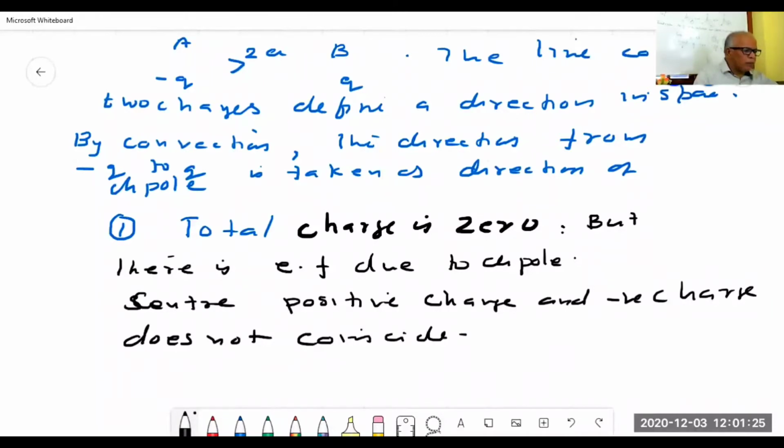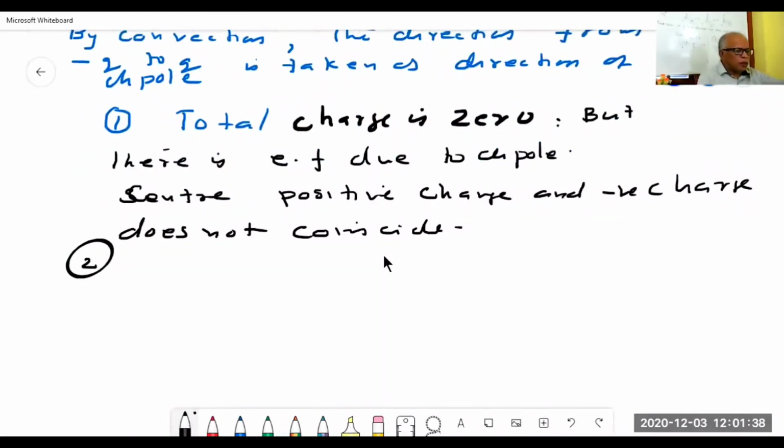Please note, however, far away from the dipole, that is, when the distance of the point is much greater than the separation between the two charges, suppose r is much greater than 2a, what happens?